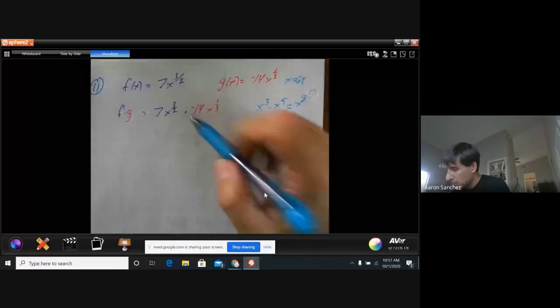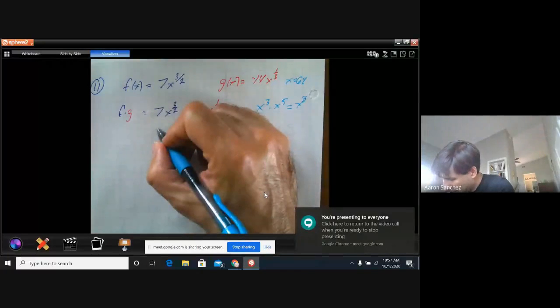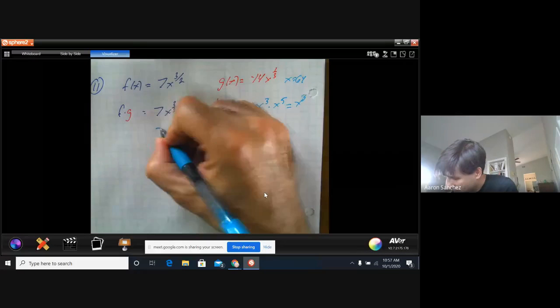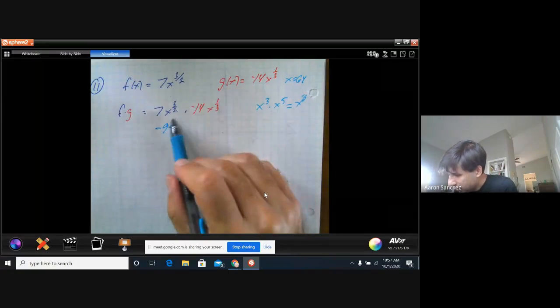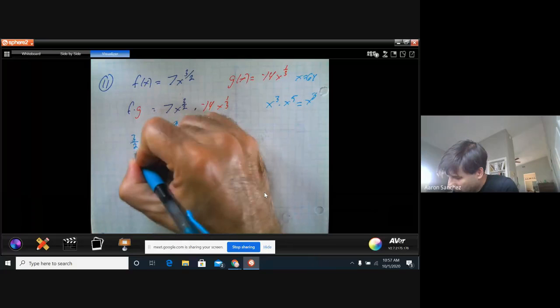So basically, here's how I did this. 7 times negative 14 is negative 98. And then x to the 3/2 times x to the 1/3, you just add those exponents: 3 over 2 plus 1 over 3.